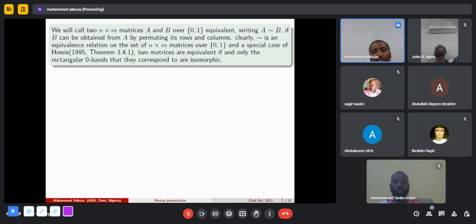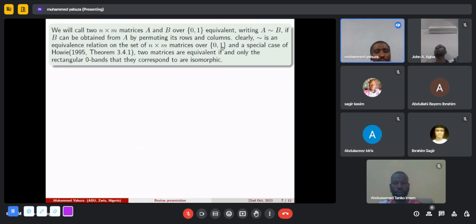Now, clearly this relation is an equivalence relation on the set of n by m matrices over 0 and 1. That is, the entries of this matrix are just 0 and 1.